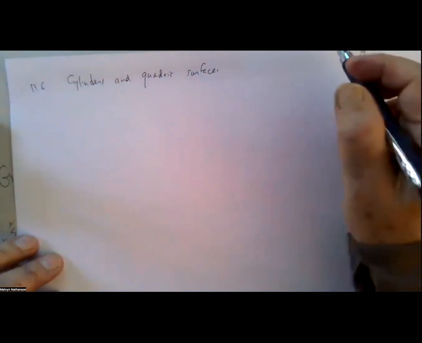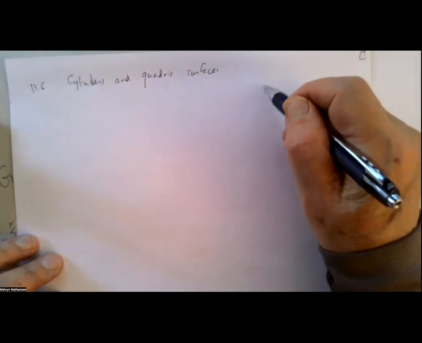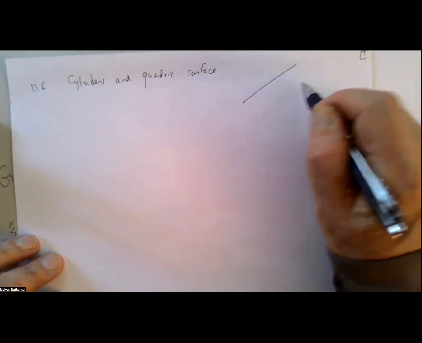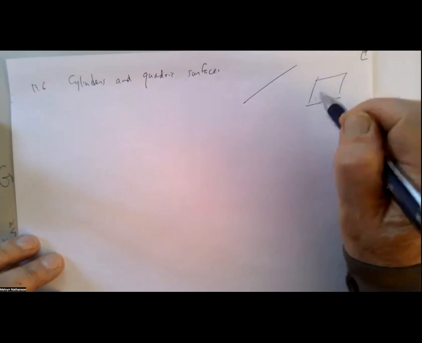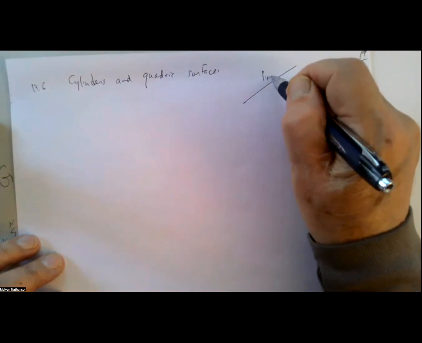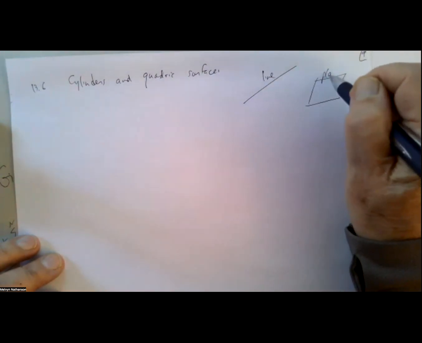So far in 3 space, we've only seen lines and planes. But there obviously are many, many other geometrical shapes.